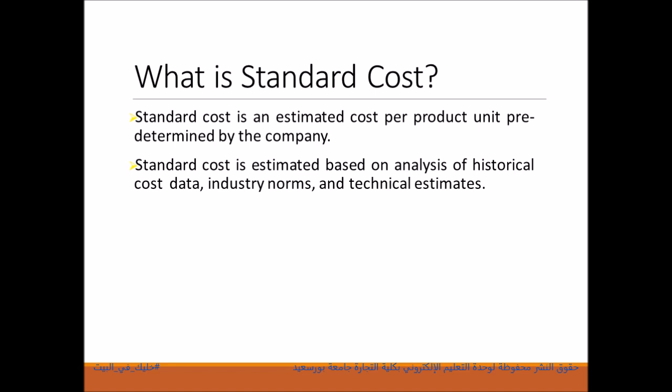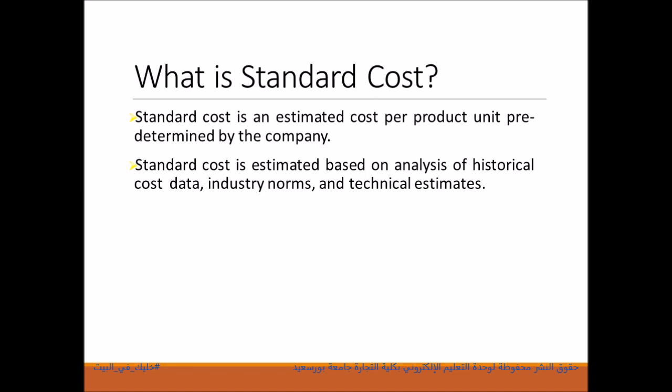For instance, relying on what is standard labor time required to produce a similar product according to the industry best practices is an example of how analyzing industry norms contribute to setting standard cost.